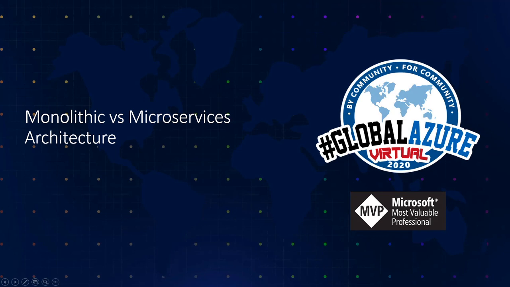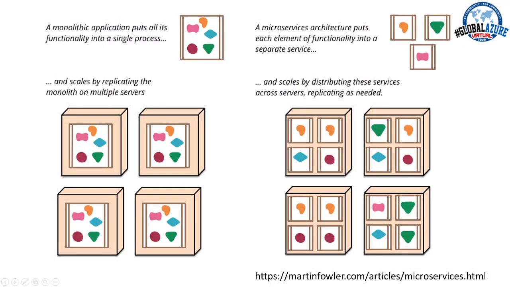Before talking about microservices, we need to understand the difference between the traditional application approach and the microservices application approach. Any application is built as a collection of services that can be developed, tested, versioned, deployed, and scaled. For a monolithic application, scale is done by cloning the application on multiple servers or virtual machines.